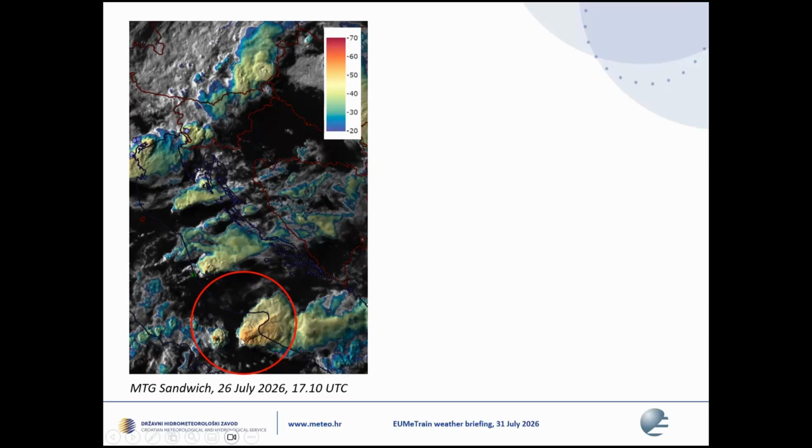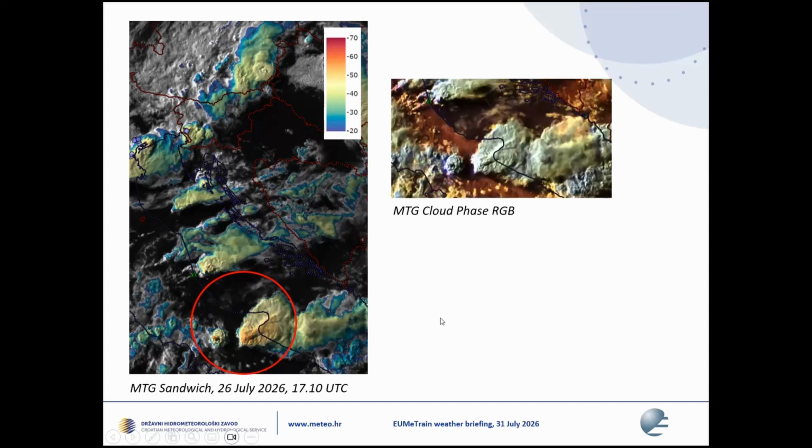But on this one, along with the overshooting top, we also have a plume, and we see these wave patterns, which indicate gravity waves. So the intensity of this storm is probably high, and we can recognize it on the sandwich images, but also in the cloud phase.